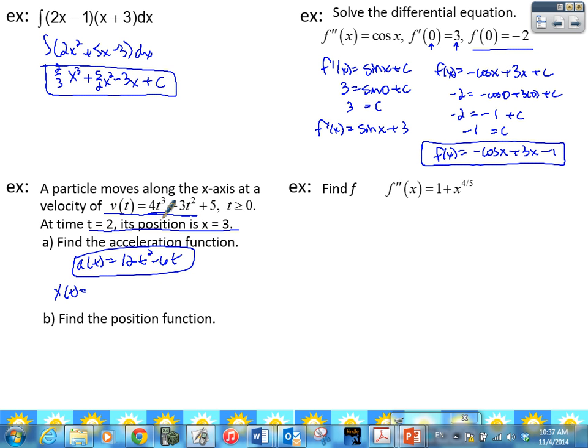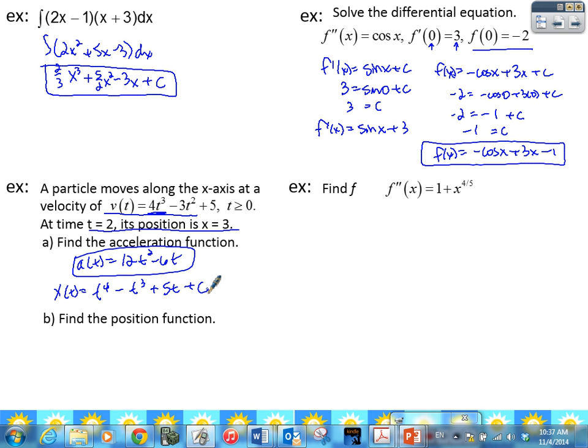So we're going to add 1 to the 3, which gives us a 4, and we're going to divide by 4. So that's t to the 4th. Add 1 to the 2, gives us 3. Divide by 3. Look how pretty that's cleaning up. Again, if you're worried that you're doing it wrong, I encourage you to do the derivative and see if that's what you get. Plus 5t plus c. So now we have this information at time t equals 2. The position is x equals 3.